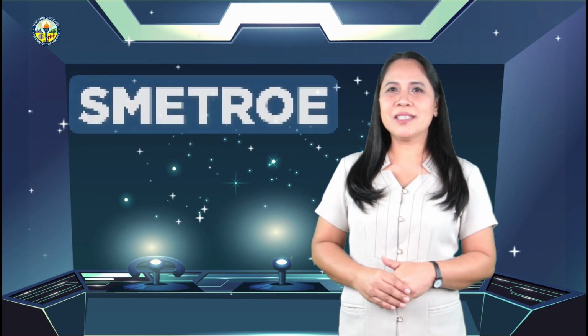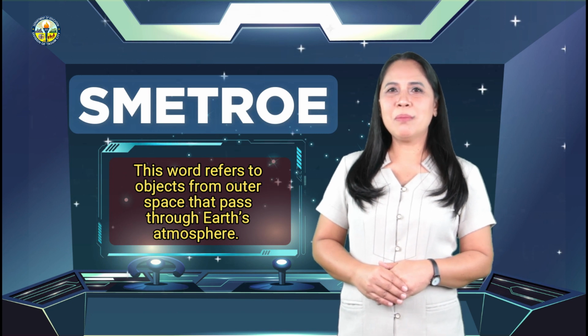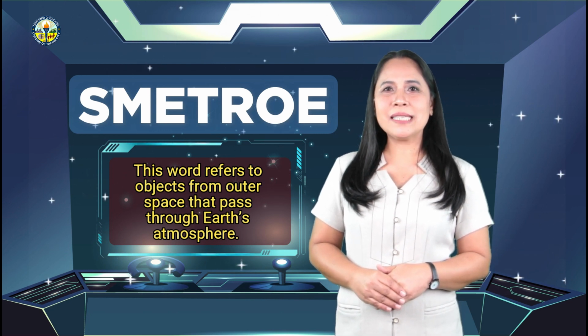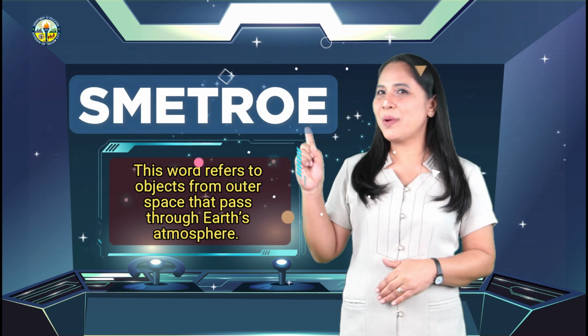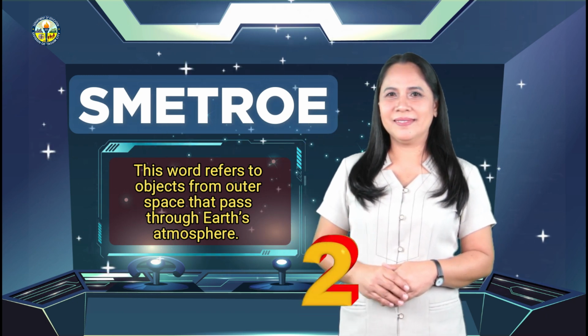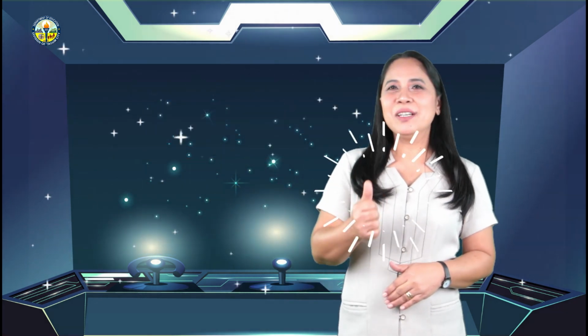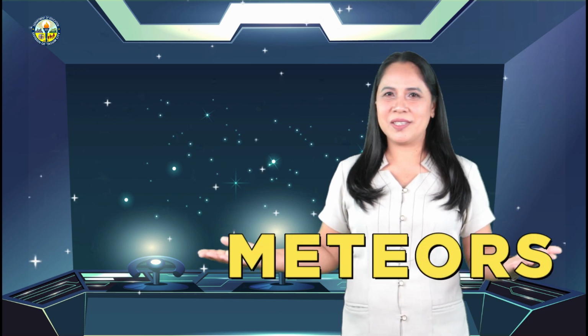The correct word is comets. Number 2. The jumbled letters are. This word refers to objects from outer space that pass through Earth's atmosphere. What is the correct word? Great! The correct word is meteors.